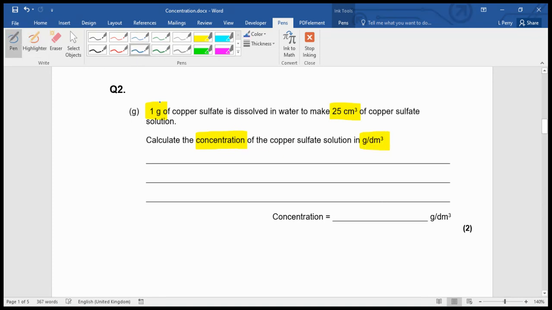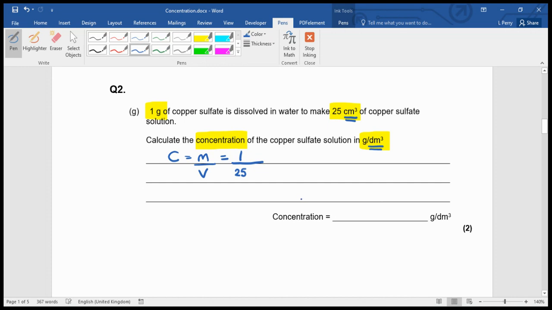So we're given a mass, we're given a volume, we're asked for concentration. So concentration is mass divided by volume. Always write out your equation first. Then put your numbers in. The mass is 1. The volume, 25, but it's 25 centimeters cubed when they've told me they want decimeters cubed.